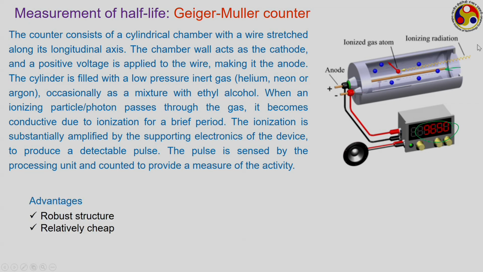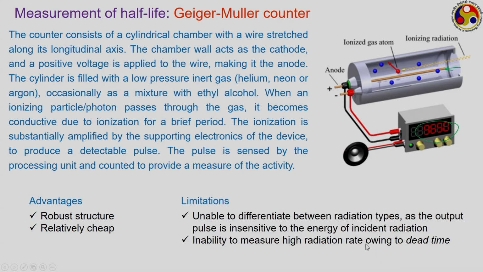The advantage of this particular counter is that it has a robust structure, and it is not very costly. It is relatively cheap, quite proven technology, and easily available. The limitation is that it can't differentiate between the radioactive radiation types, that is, whether the radiation is coming from alpha rays or gamma rays. It is not able to distinguish, as the output pulse is insensitive to the energy of the incident radiation.